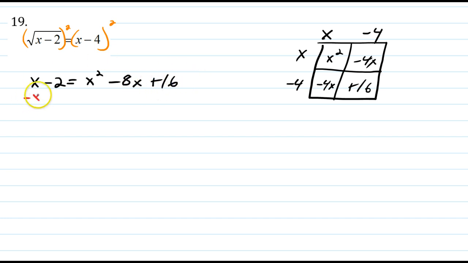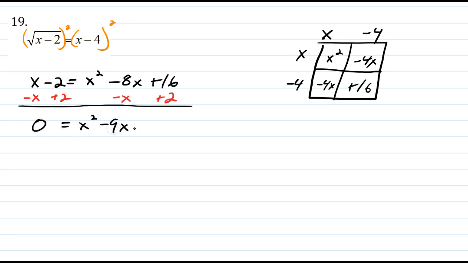So let's make that equal 0 now. So we get 0 equals x squared minus 9x plus 18. And so this factors to x minus 3, x minus 6 equals 0.